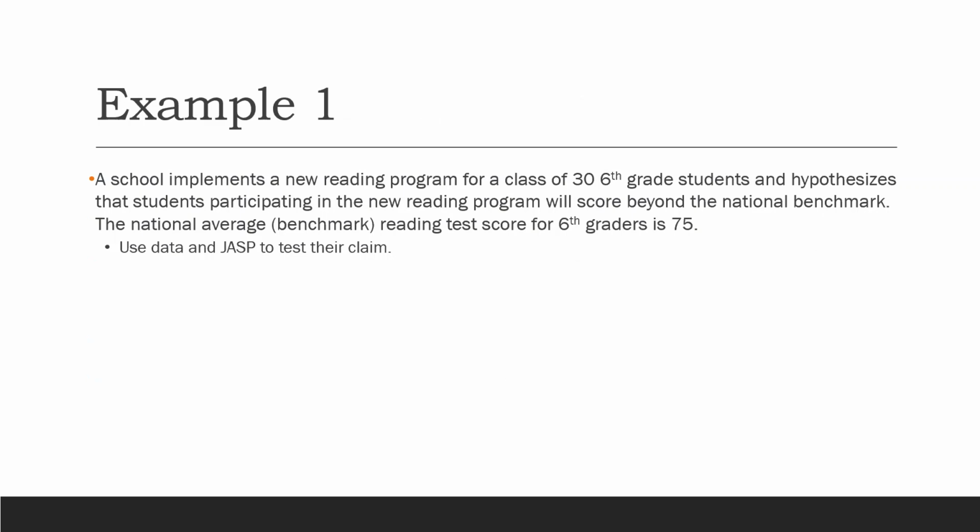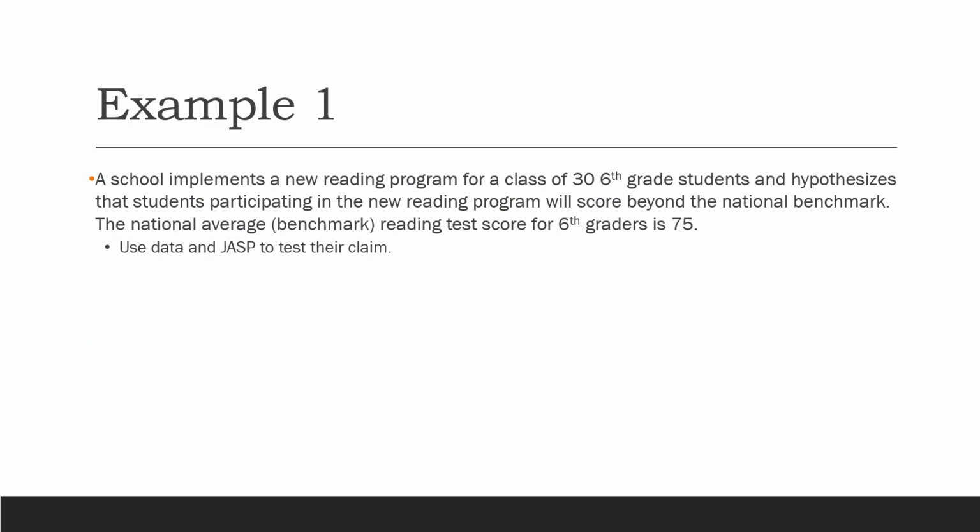So in this example, it says a school implements a new reading program for a class of size 30 sixth grade students, and they hypothesize that students participating in the new reading program will score beyond the national benchmark. And by beyond, a better term will probably be above.